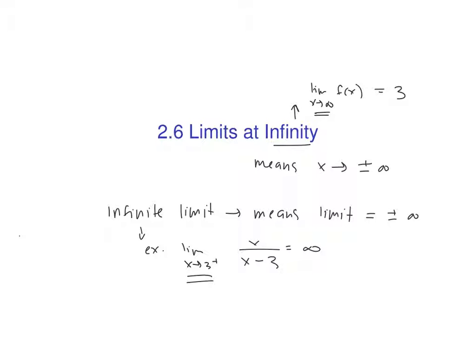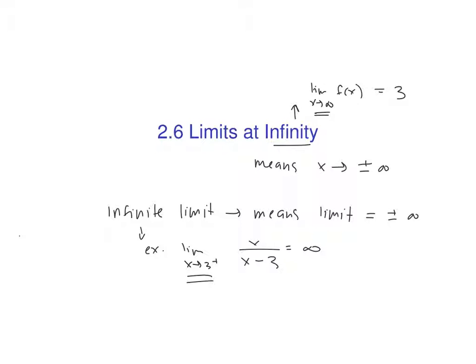Does that make sense? You've got a limit of x going to a number, like what happens as you get close to that number. This is what happens as x gets close to infinity, which means x gets huge. If you had a limit as x went to minus infinity, that means x gets huge and negative. Does that make sense? Okay.